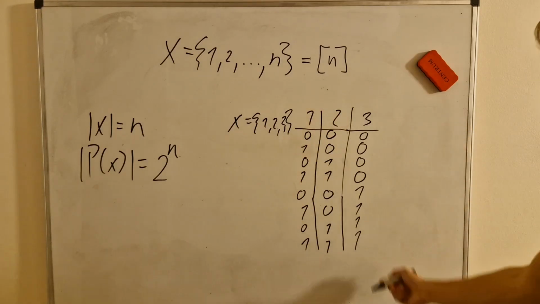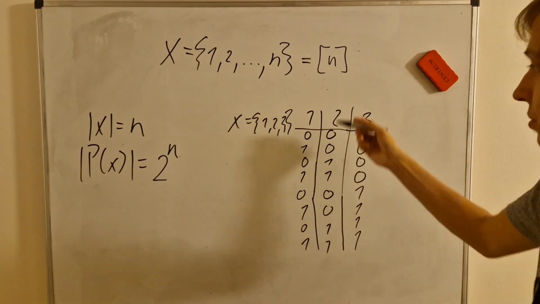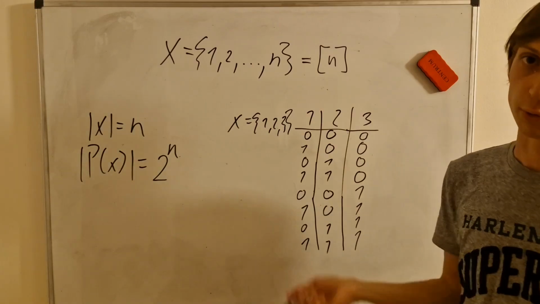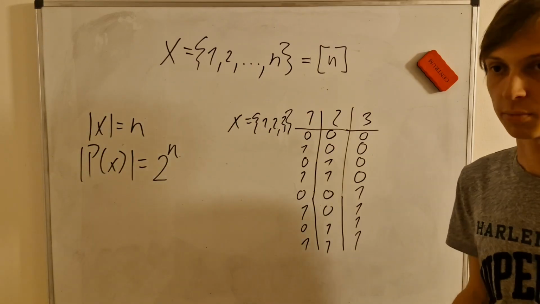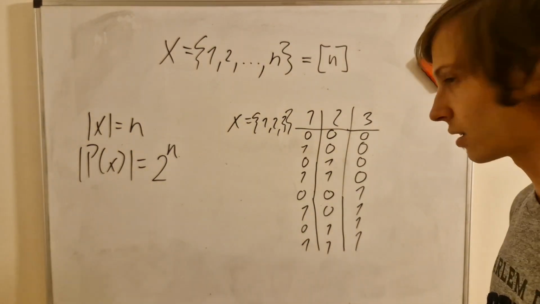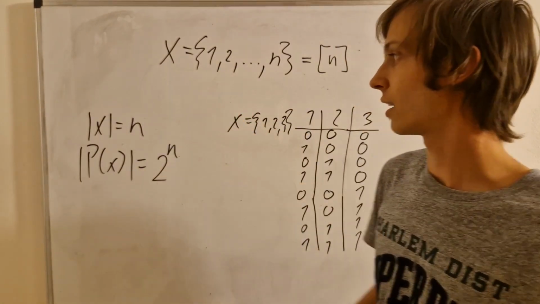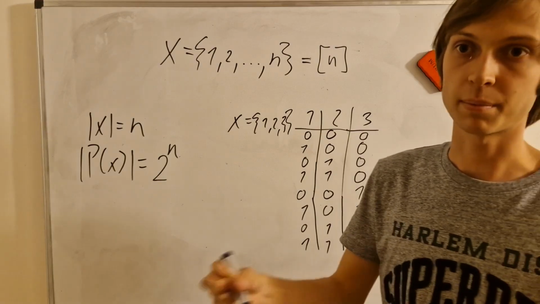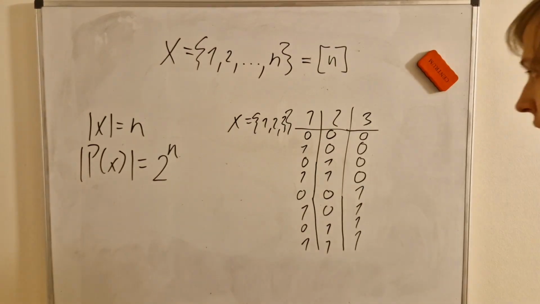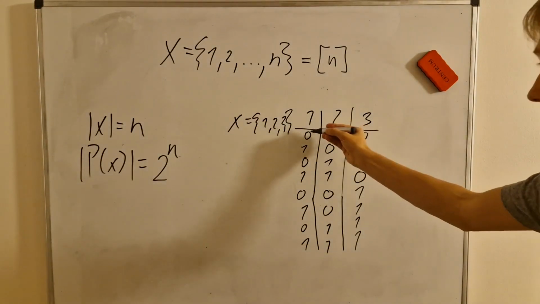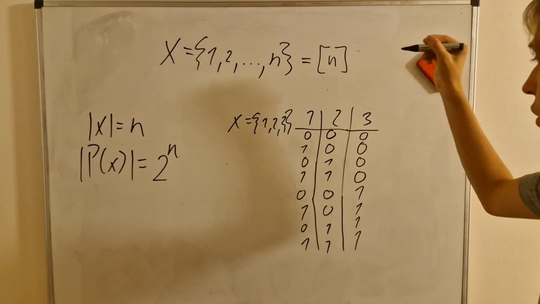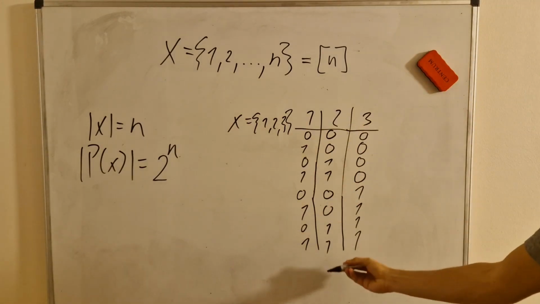So now we have 8 possible subsets for a 3 element set. And for a 4 element set, it's yet 2 times more. So that's the idea, it's 2 to the n, where n is the number of elements of the set whose subsets we're counting. And these are all like binary numbers on 3 digits, listed out, in other words.